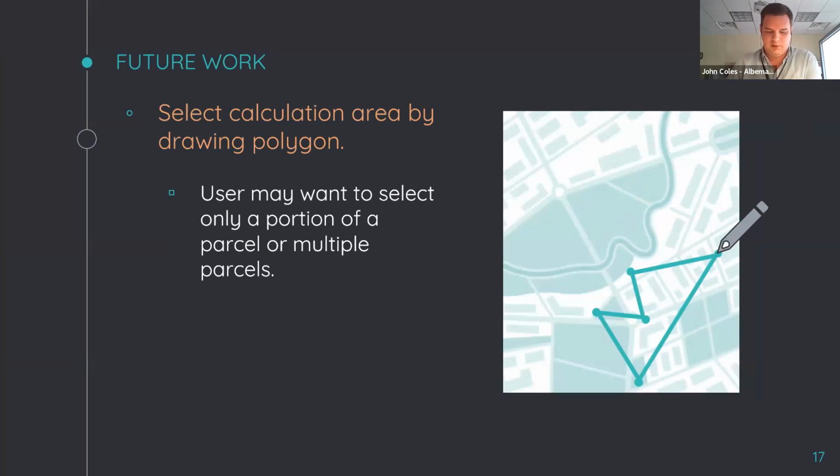Currently, stormwater runoff values are pre-calculated for each parcel in the state of Virginia, but there are instances where I could foresee a user wanting to work outside of the existing parcel values, perhaps a developer who's building a subdivision out of multiple existing parcels, or a large parcel where a developer is only developing a portion of the site. So allowing them to draw the polygon on the map and define their area of interest, I think would have some beneficial uses.